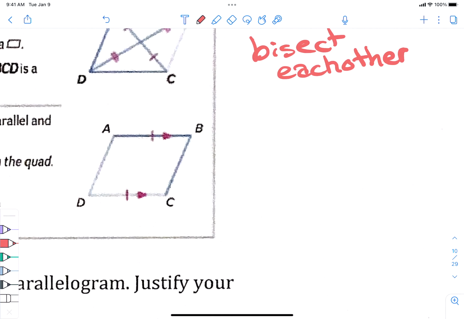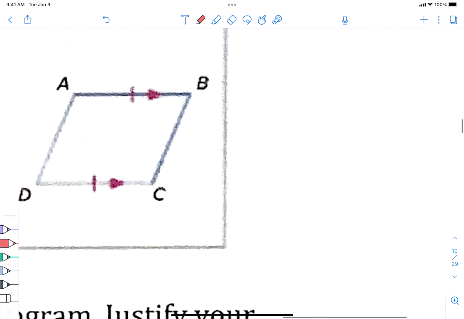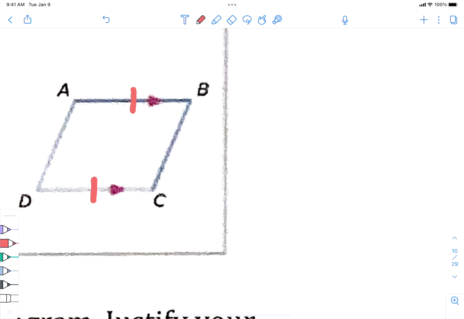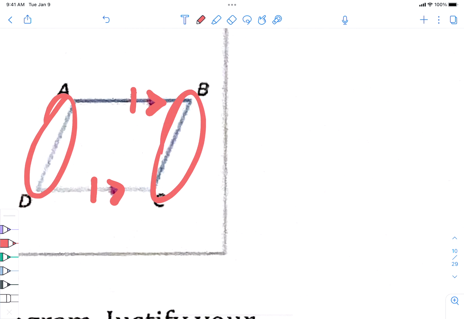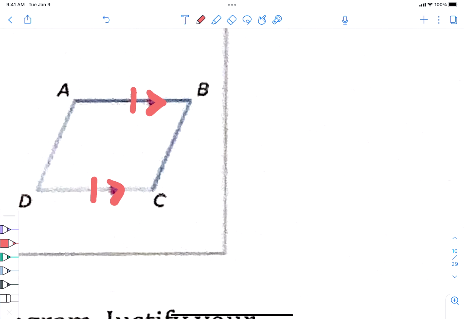Here's what it says. If the only information that it gives me is that this side is the same length as that one, and this side is also parallel to that one, that has to be a parallelogram. We know nothing about these two sides, but if the top and the bottom side, or just one set of sides, is both parallel and congruent, these other two have to follow.